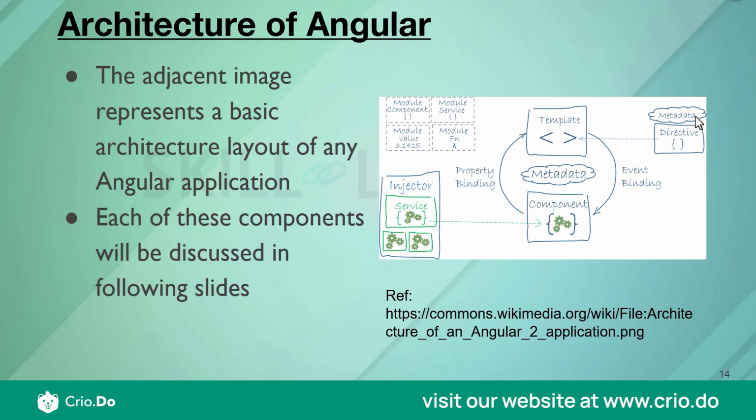So what a metadata essentially does is it tells the Angular CLI application that this particular class that you are encountering is not just a normal class, but rather there is the concept of a decorator, using which you can say that this particular class is of the type component and these are the properties, and those properties are nothing but the metadata.